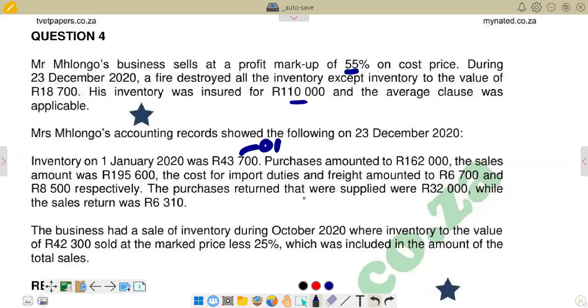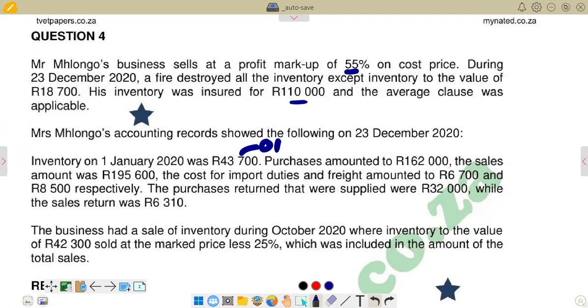The purchases returned were 32,000 rands, while the sales returned was 6,310 rands. The business had a sale of inventory during October 2020, where inventory to the value of 42,300 rands was sold at the market price less 25%, which was included in the amount of the total sales.